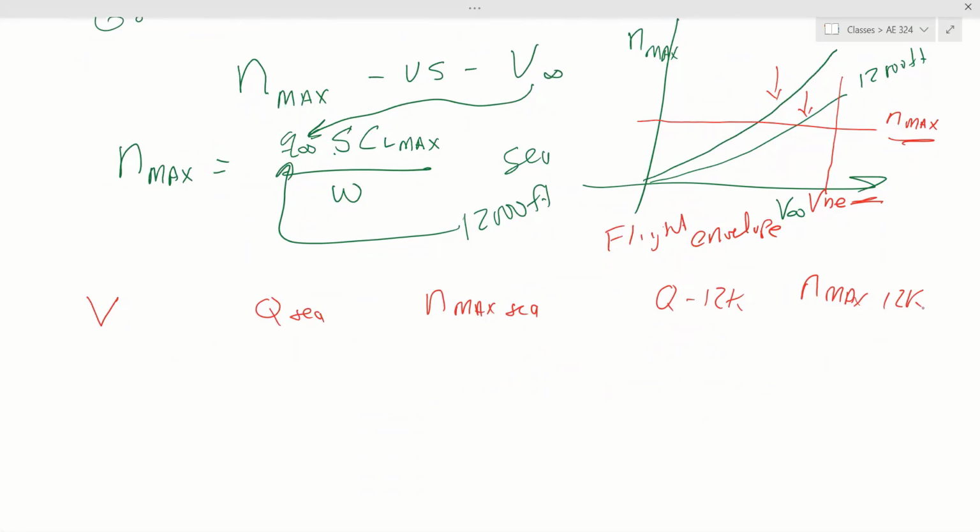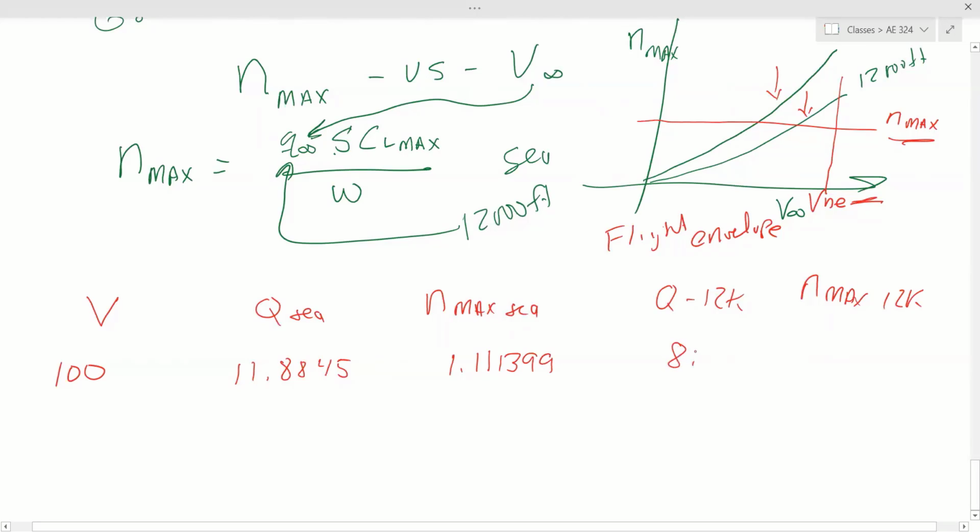At 100 feet per second, you should get this dynamic pressure. Should get this Nmax. At altitude, the density is lower, so the dynamic pressure is less. And you should get that Nmax there.